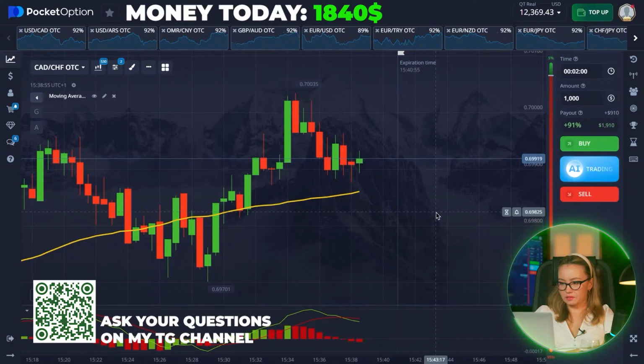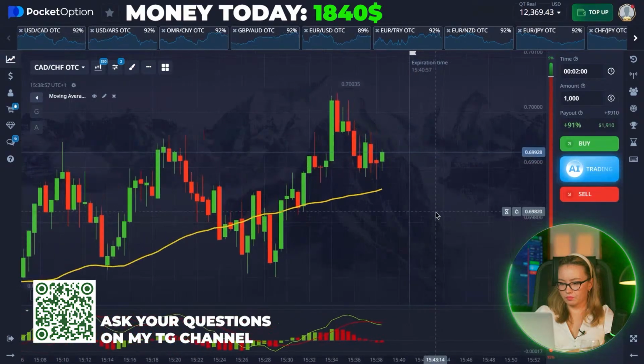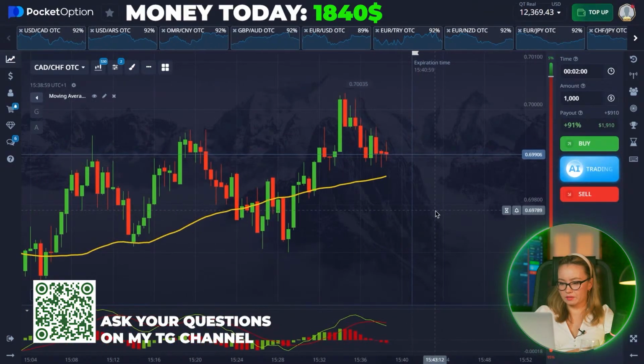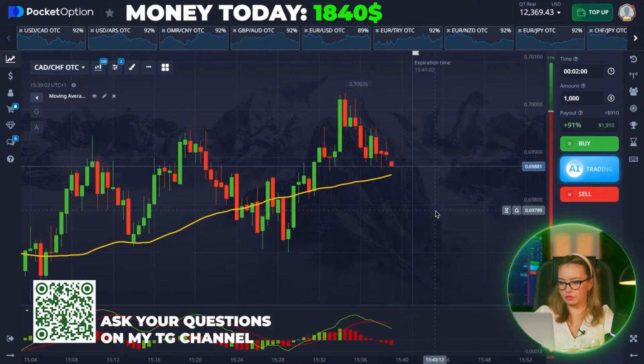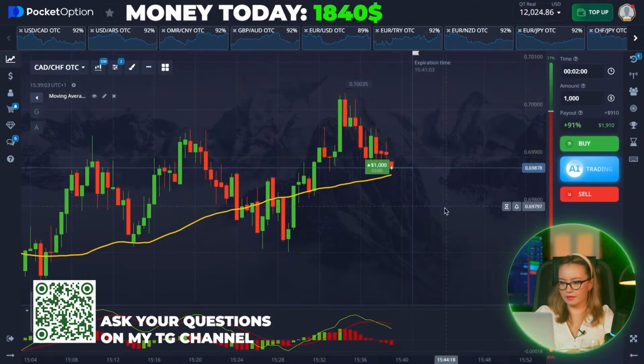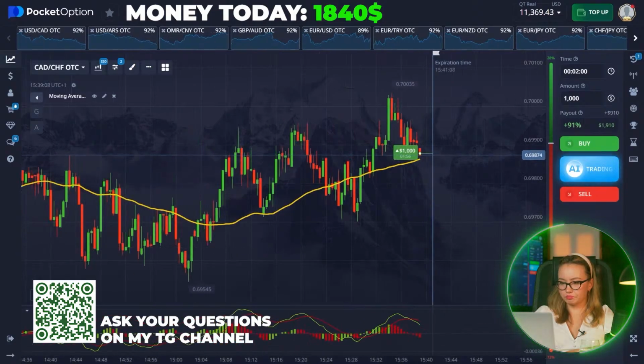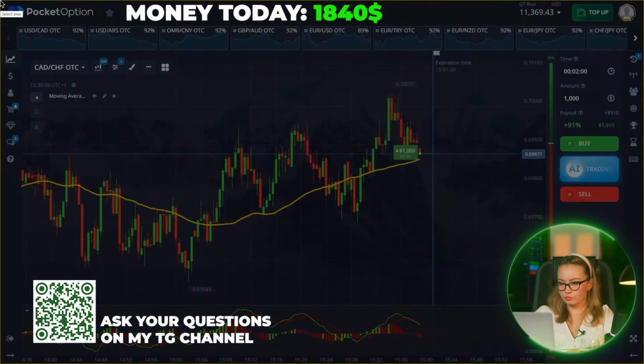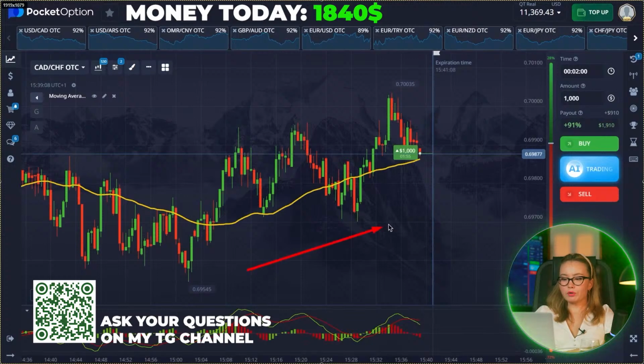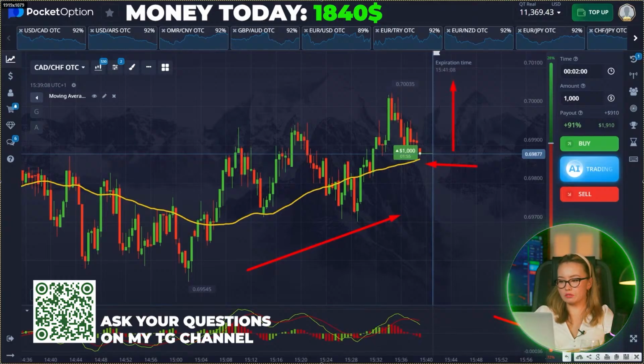Oh, here's a great setup. But I'm waiting until the price touches the moving average. And yes, opening a long position. We see an upward movement, the moving average is involved, and the MACD is about 0. This is a long trade based on our strategy.